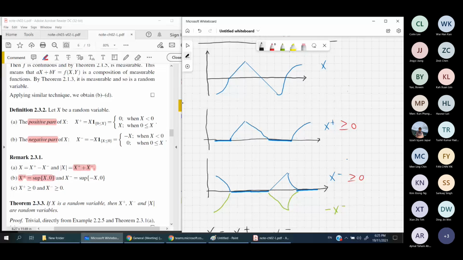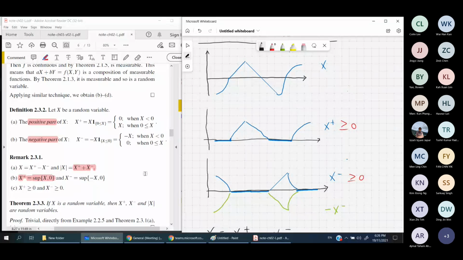When we come to these portions, this part is always larger than 0, so we take this. Coming to here, we have the same argument: this portion is less than 0, so we take 0. So x plus will be given by this, and x minus will be given by this.